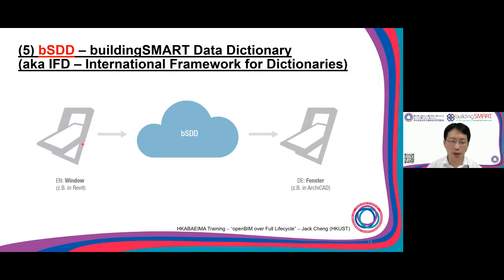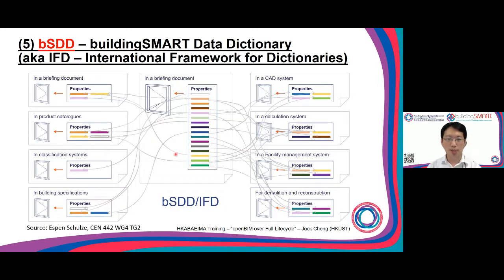With this, we can link up the terminology in different languages and in different software as well, like Revit, ArchiCAD, etc. Basically, for this terminology, we need to link it with different properties and for different purposes. So this one tries to define the terminologies and has a so-called dictionary. Later we will come back to this concept of the dictionary.